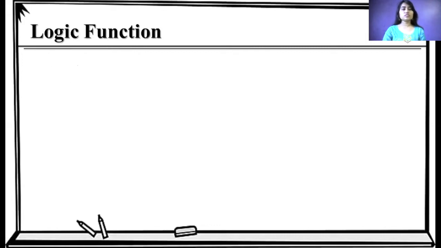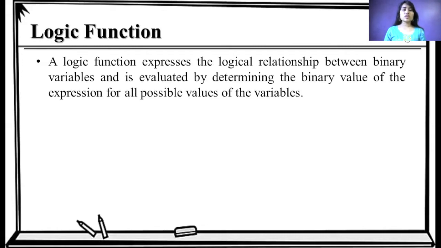Logic function. A logic function expresses the logical relationship between binary variables and is evaluated by determining the binary value of the expression for all possible values of the variables.